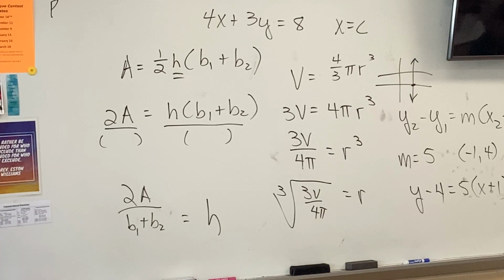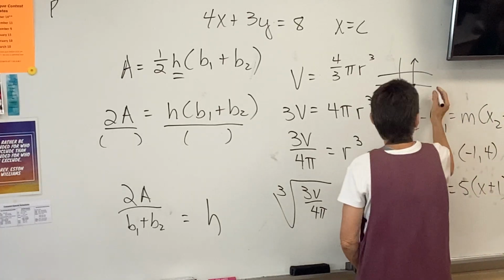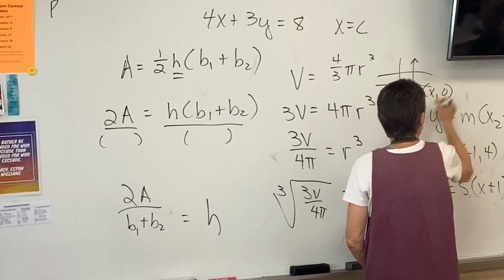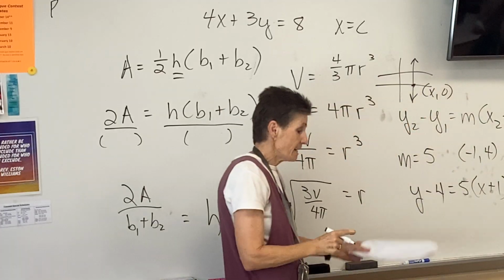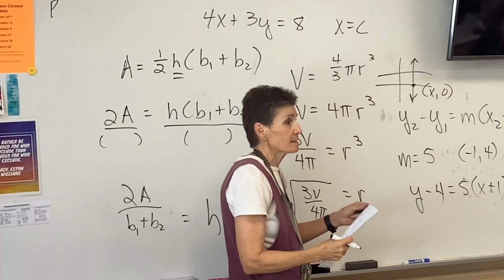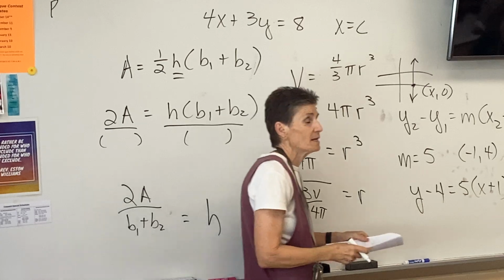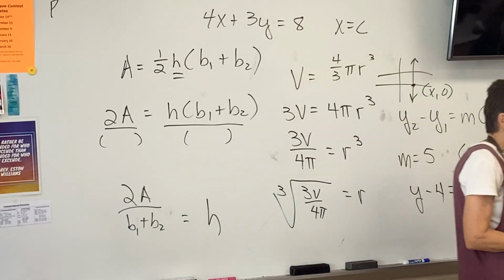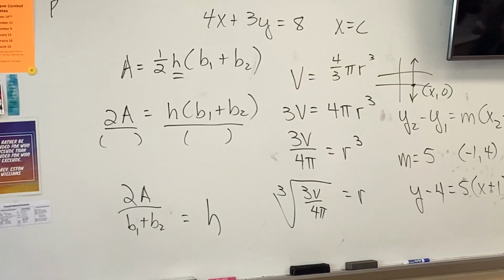What's an x-intercept? Something, comma, 0. It's on the x-axis. So any point on the x-axis is going to be something, comma, 0. And any point on the y-axis is called a y-intercept, and it is going to be 0, comma, something.